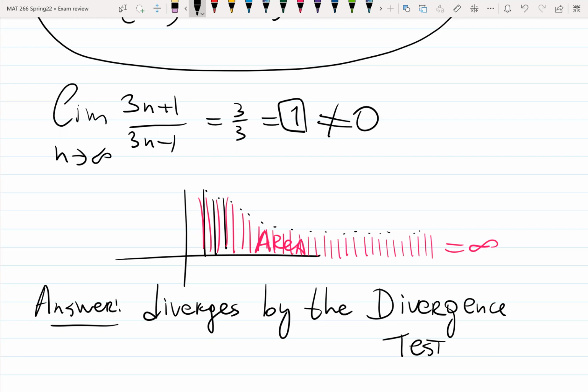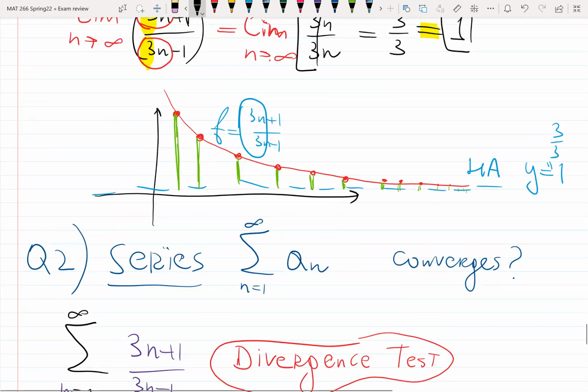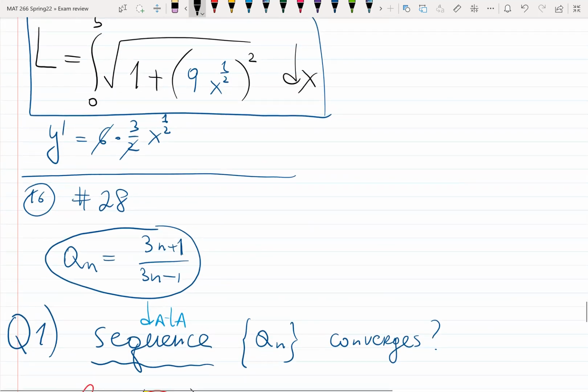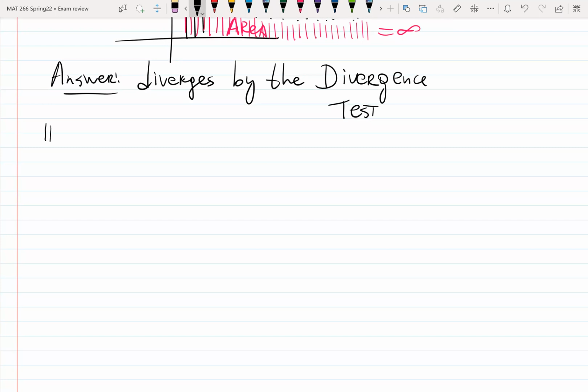For example, let's do one more, and it'll be satisfying to do one more. Number 17. It's 33, but it's 17 right now. a sub n is 5 over 6 to the n plus 2.